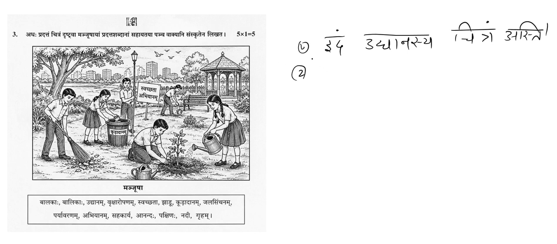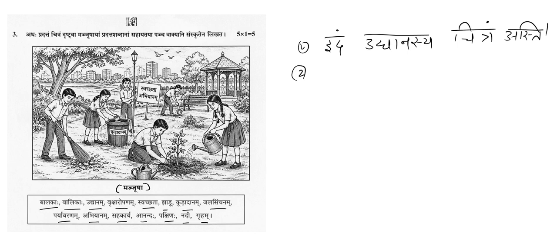Now we are writing some other things also. But before that, first read the word box, Manjusha. It says: Balakaha, Balika, Udyanam, Vriksharopanam, Swachhata, Jhadu, Kudadanam, Jal Sinchanam, Paryavaranam, Abhyanam, Sahakarya, Anandaha, Pakshinah, Nadi, Gruham.